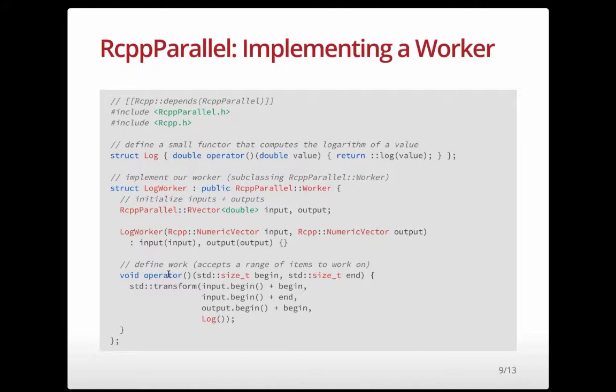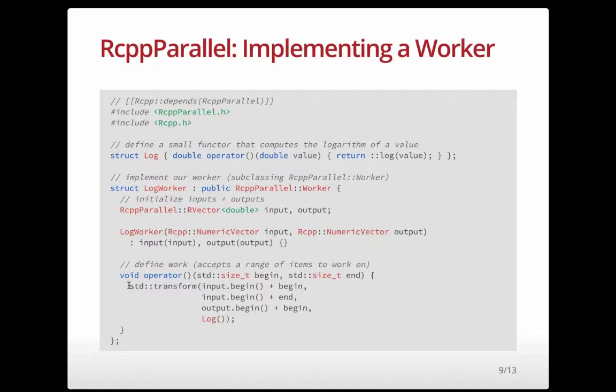I want objects of this class to be callable. So when you call this worker, this is the function that would get called. And this operator doesn't return anything, so whatever it's doing is a side effect. The things that it takes in are indices, the begin and end, like the slice of data that the worker should work on.